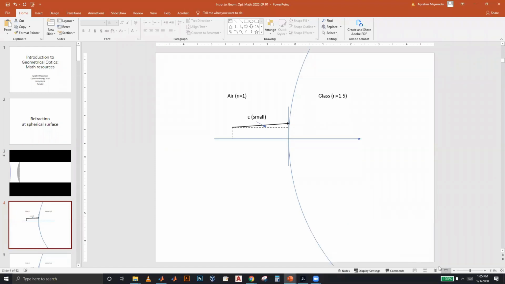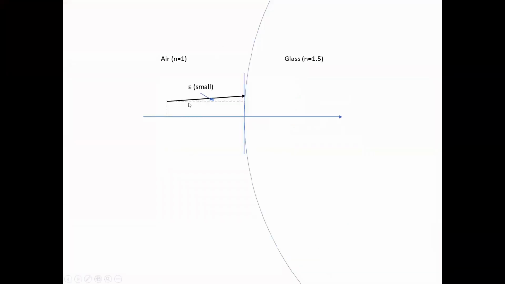So in the PowerPoint, we see that this is the paraxial approximation ray. I've drawn this huge curved surface, which means that if the angle subtended is very small, this region you can basically look at in the form of a straight line. So this small distance can be ignored, like between where the ray hits here and here.